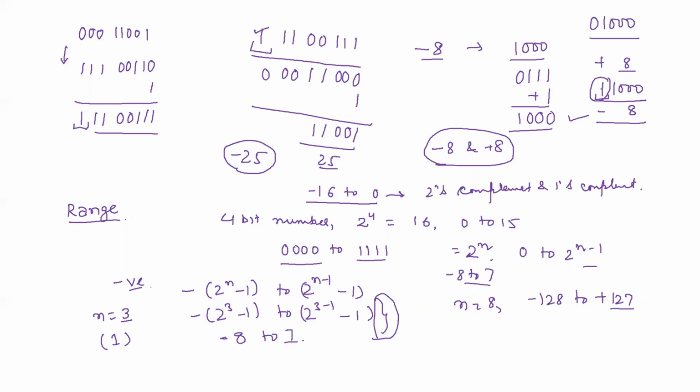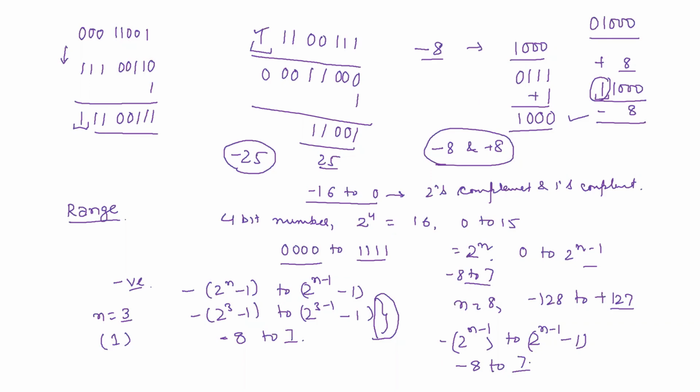Now, actually this formula is like this: minus 2 raised to power n minus 1, where n is the number of bits, to 2 raised to power n minus 1, minus 1. If it is 4 bits, then this becomes minus 8 to 8 minus 1, which is 7. So this is the formula.